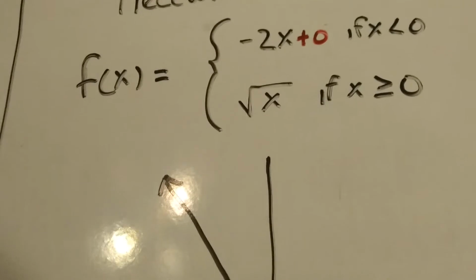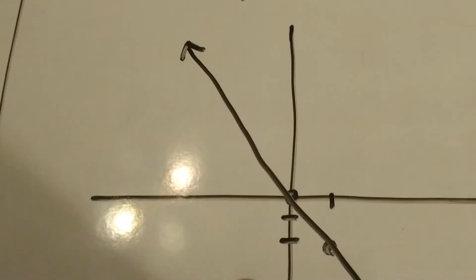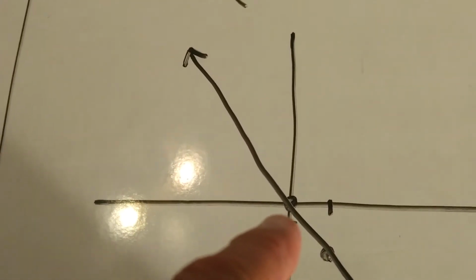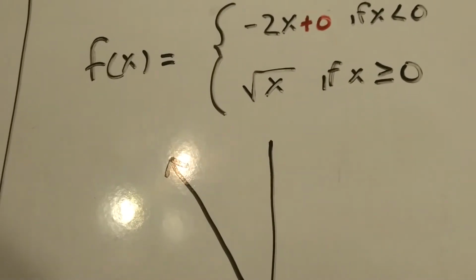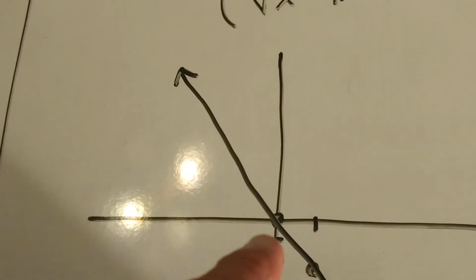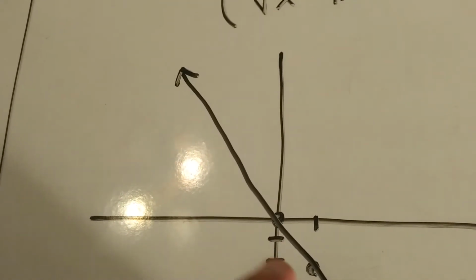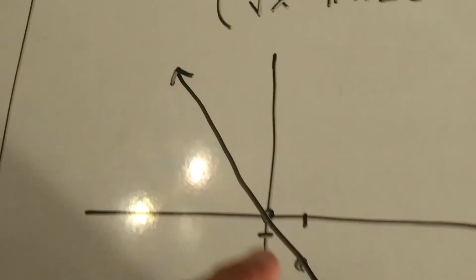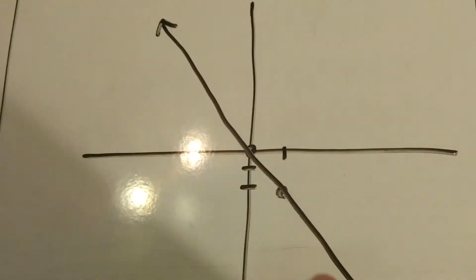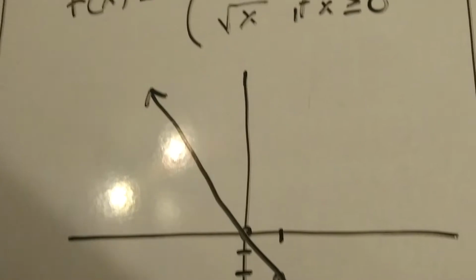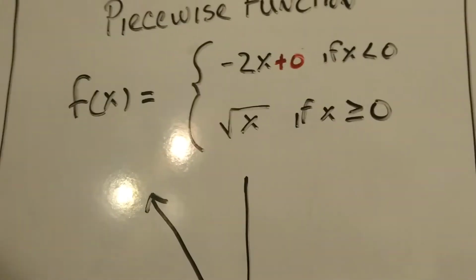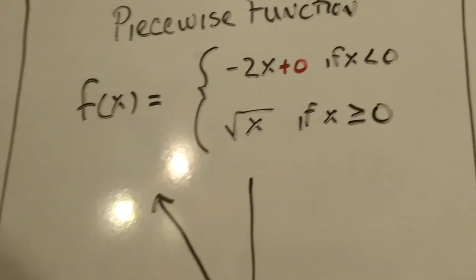If I want to graph this equation, I start with my y-intercept, which is 0. Because it's a negative 2 over 1 slope, I go down 2 and over 1. And here's the line right there. But this tells me I can only use x's that are less than 0.